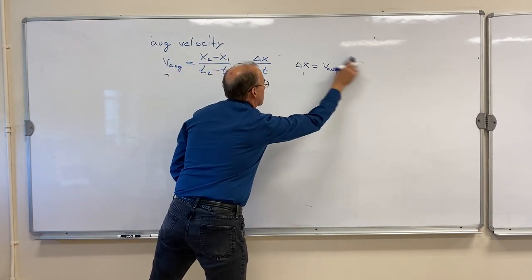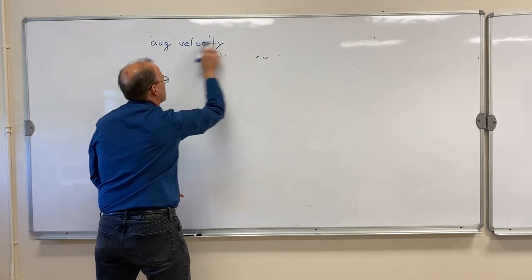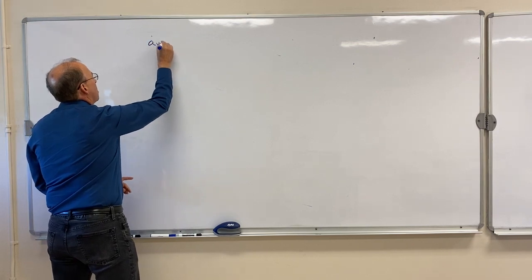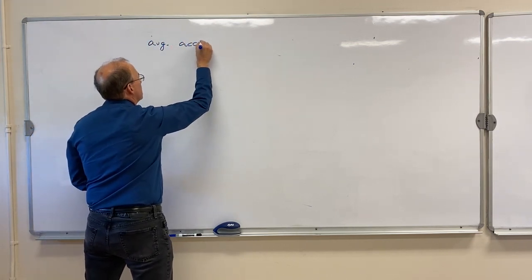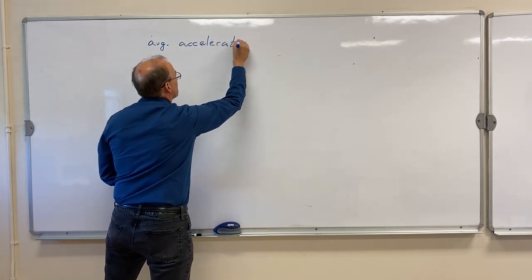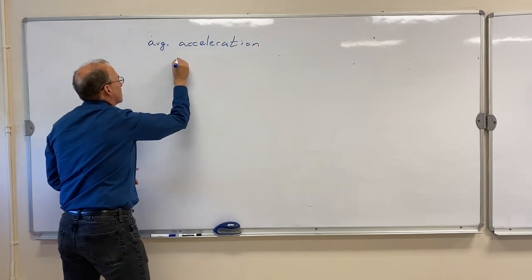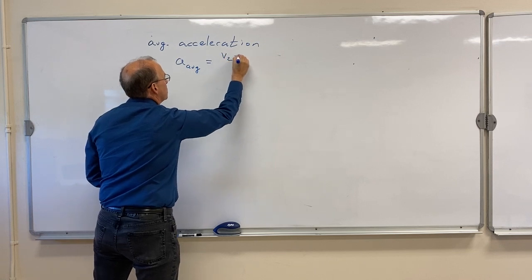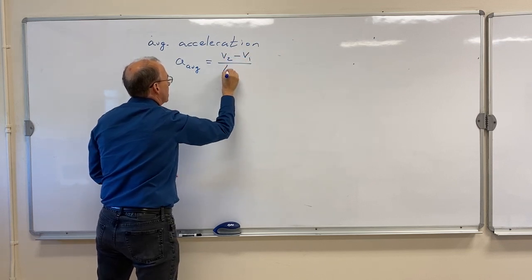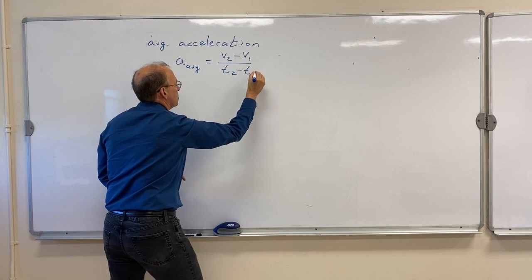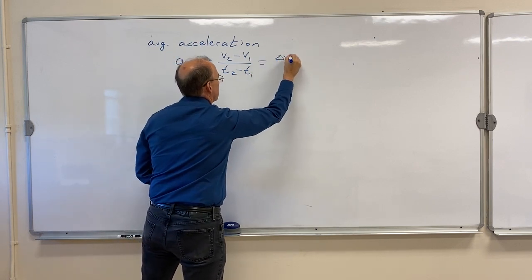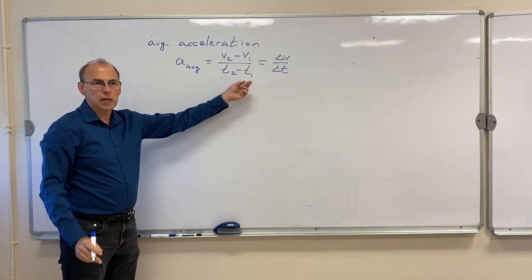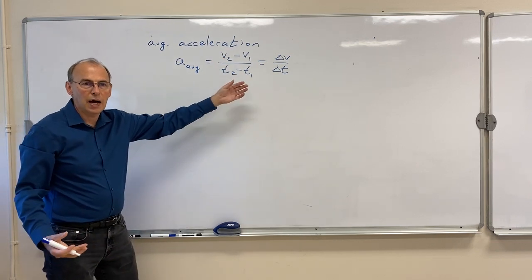Now, a slightly more subtle concept is the concept of acceleration, or at the moment, average acceleration. So acceleration average is V2 minus V1 over T2 minus T1, or we could write that as delta V over delta T. Again, we're dividing by change in time or elapsed time.